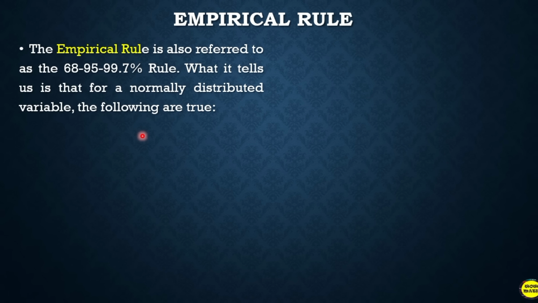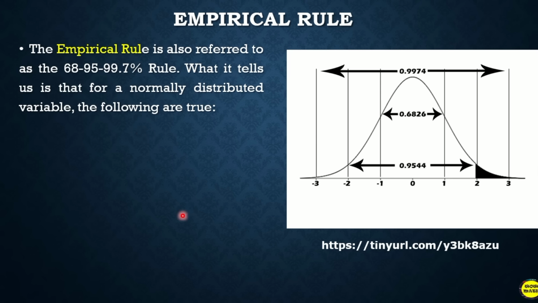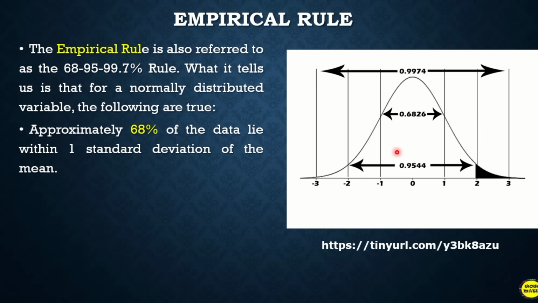So, kapag kukunin natin, let's say this is our normal curve, makikita natin dito yung sakop lang nung 68%, 95%, and 99.7%. Approximately 68% of the data lie within one standard deviation of the mean. Saan yon? Mula dito kay negative 1, papunta lang dun kay positive 1. So, that is the 68% of the data.